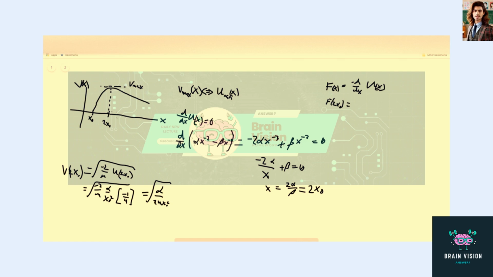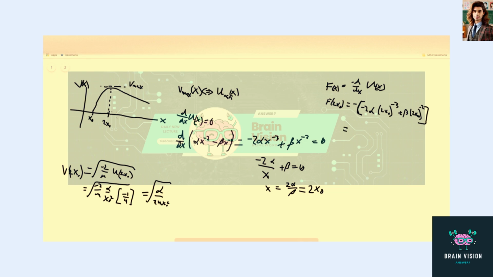I'm just going to break down what that is. So we have negative. We already have what the derivative is from before, so I'm just going to copy this, but replace the x with our 2x naught. So we're going to have 2 alpha, quantity 2x naught to the -3 plus beta, quantity 2x naught to the -2, and all that times -1 at the front.